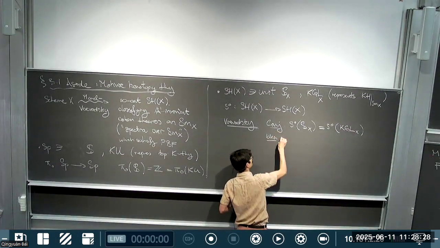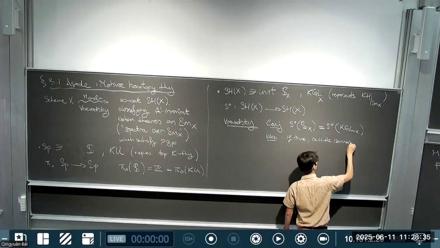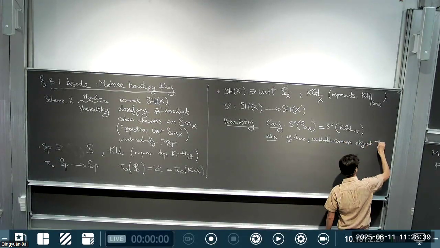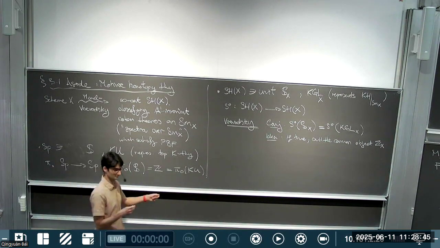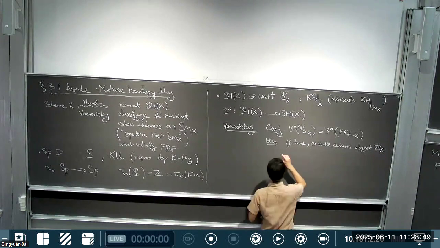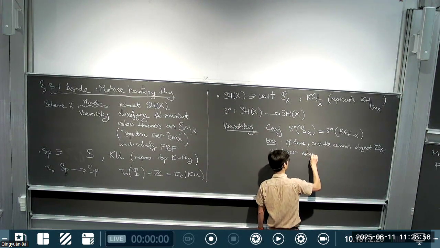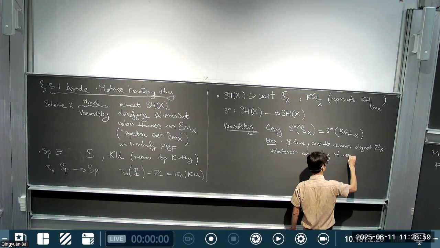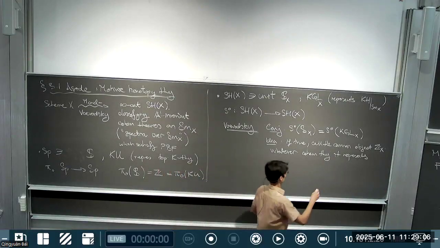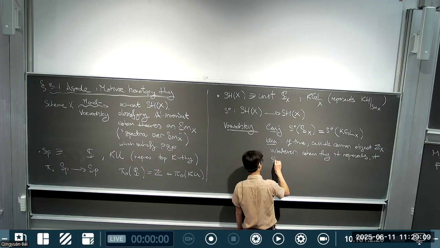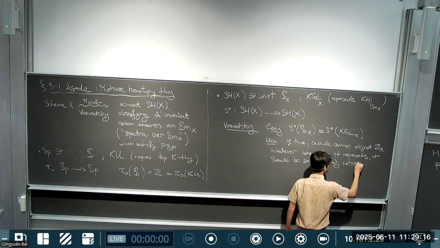And then he had an idea: if this is true, let's call the common object Z of X, some sort of motivic integers over X. And whatever cohomology theory it represents, because any object of SH represents some cohomology theory on smooth schemes, it should be some sort of motivic cohomology.